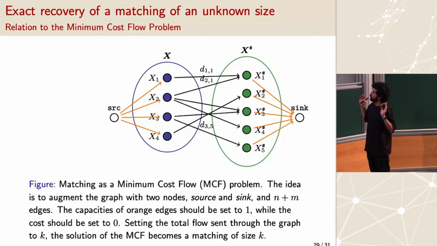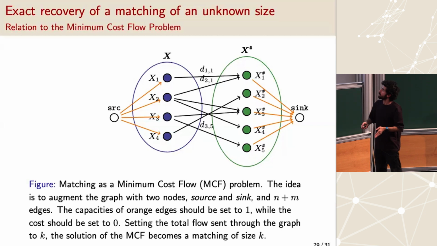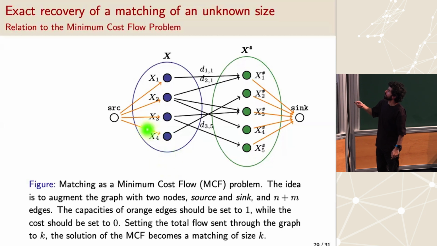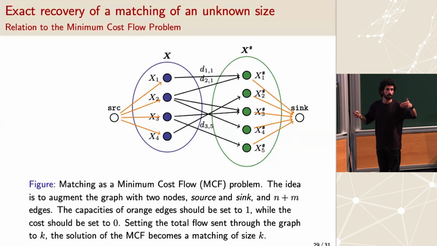We are trying to put a flow of size k, so from the source comes a water flow of capacity k, passing through each edge with at most capacity 1, and then it needs to come to the sink with capacity k.